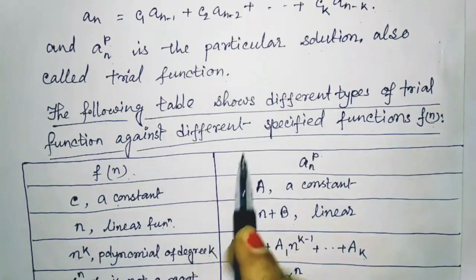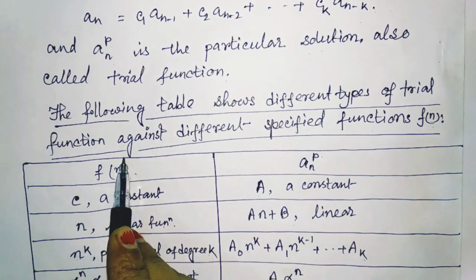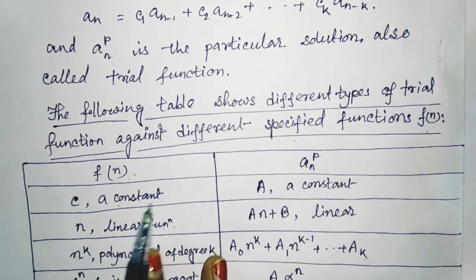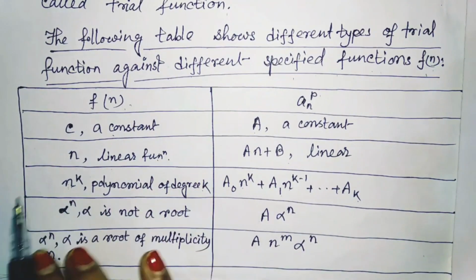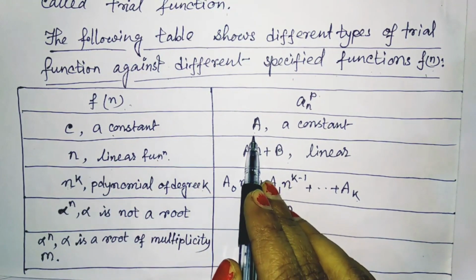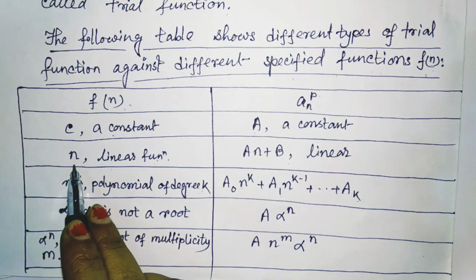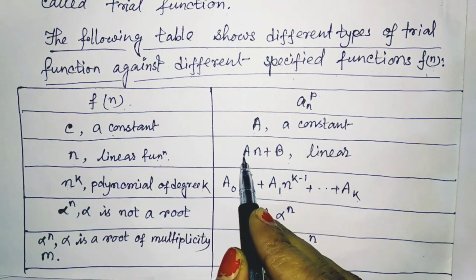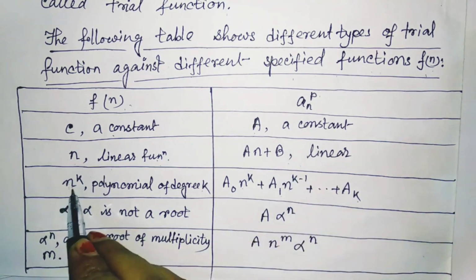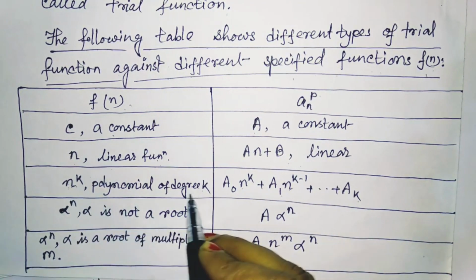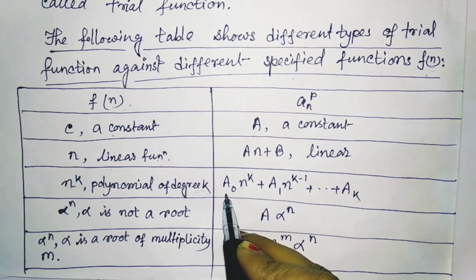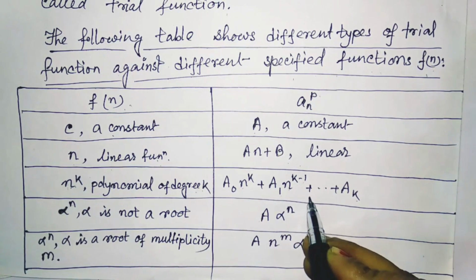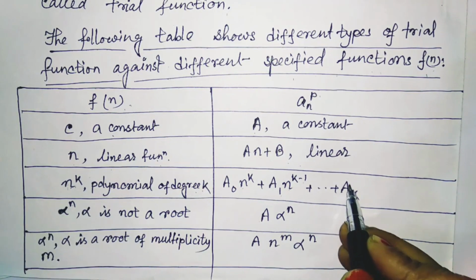The following table shows different types of trial functions against different specified functions f(n). If f(n) is a constant, then its trial function is a constant. If it is n, which is a linear function, then its trial function is an + b. If it is n^k, a polynomial of degree k, then its trial function is a_0 n^k + a_1 n^(k−1) + ... + a_k.